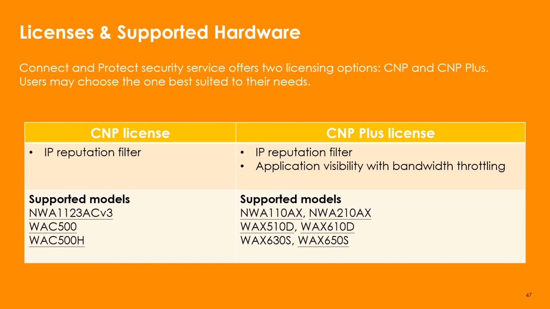So that's available on our NWA110AX, the 210AX, the WAX510D, 610D, 630S, and 650S. And these licenses are per AP. And it does not have to be applied to all APs at that customer. So for instance, if you only want to offer this level of security in public areas, but not in the back end or vice versa, you can just buy the number of licenses and just apply it to those APs that you want to have this functionality.